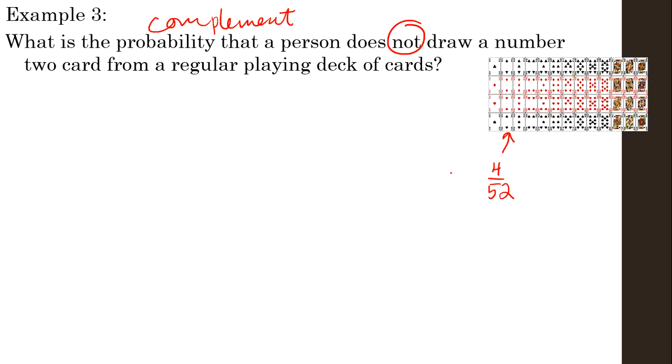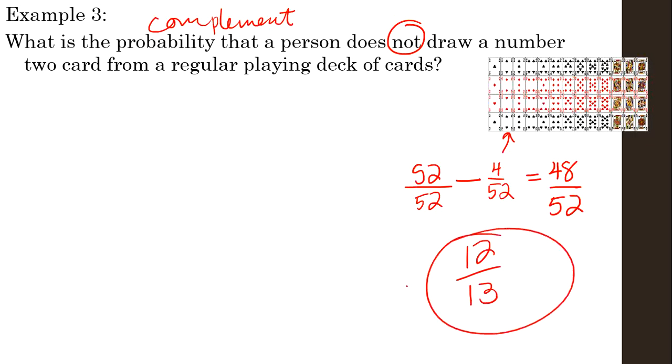So that means that there are 52 cards in a deck, right? This is the chances of drawing a 2. So we need to take 1, or 52 out of 52, minus 4 out of 52. And that's going to be 52 minus 4 is 48, all over the total, 52, and then you can reduce 48 over 52 to 12/13, which is your final answer.